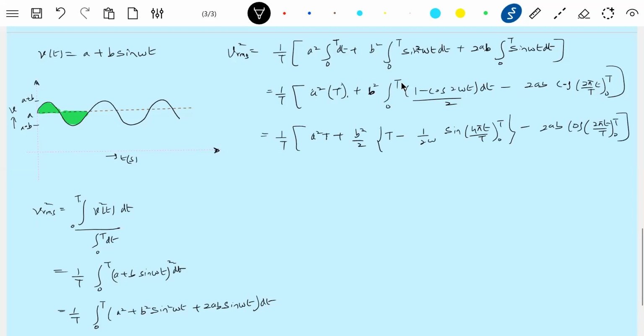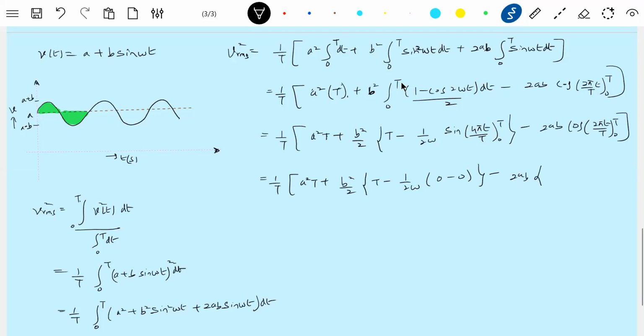Now we'll substitute the limits. What can be the value of this? This quantity will be 0. By substituting upper and lower limit, this whole quantity will become 0. Then 2ab, so here also I'll end up similar.